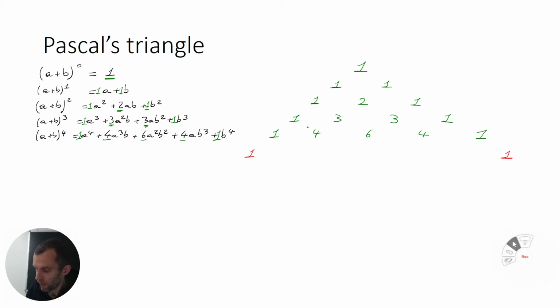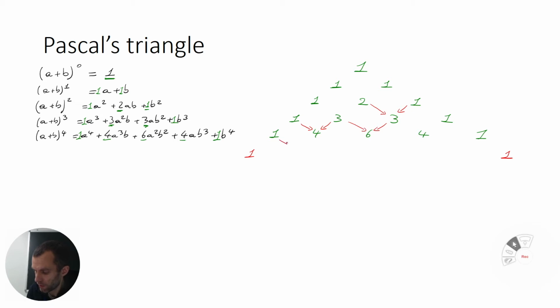And then if you look at the inside of the triangle, what you see is that each number is basically the sum of the previous two numbers. So the 4 here is 1 plus 3, two numbers above it. The 6 here is 3 plus 3. This 3 itself is 2 plus 1. So in each case you take the sum of the two numbers above it, that gives you a new number.